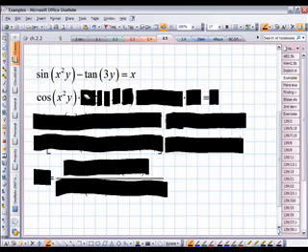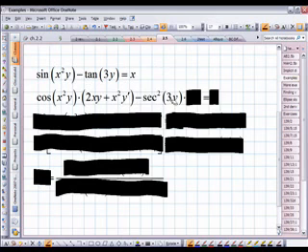So we'll have the derivative of x squared, which is 2x, times y, plus x squared times the derivative of y, which is y prime. So you have to make sure you include the y prime, minus, then the derivative of tangent is secant squared, so secant squared 3y, times the derivative of 3y, which is 3y prime. You could also put dy dx if you prefer instead of y primes, and then equals the derivative of x, which is 1. So that's all the calculus.